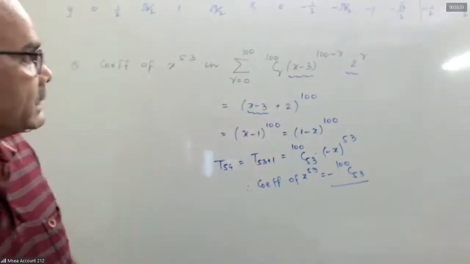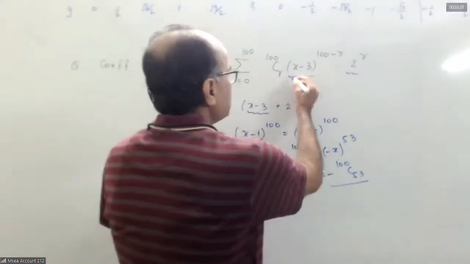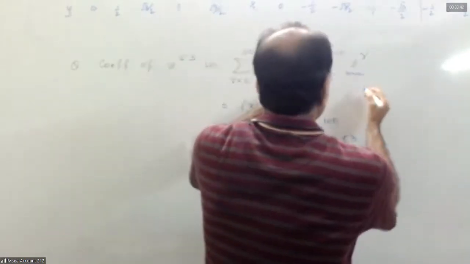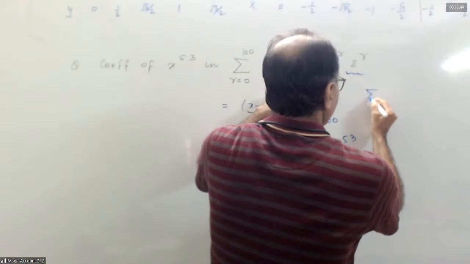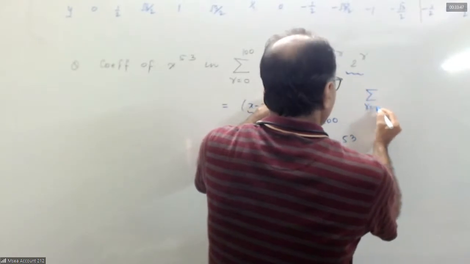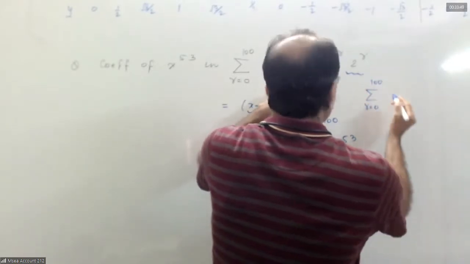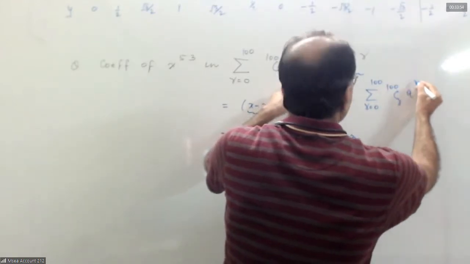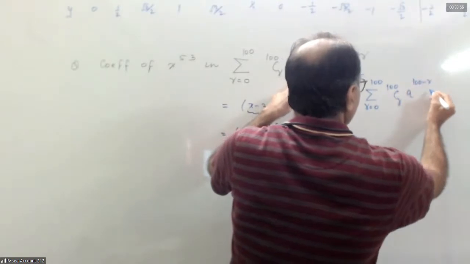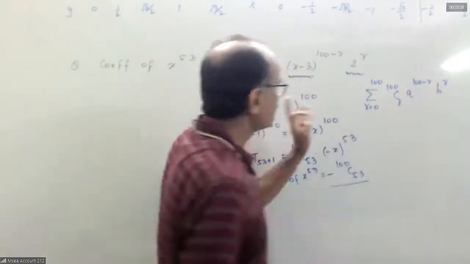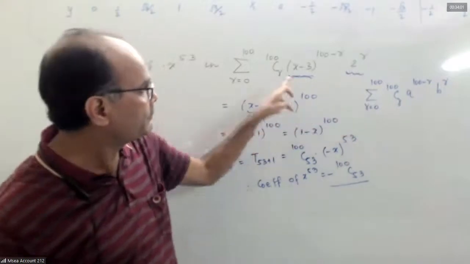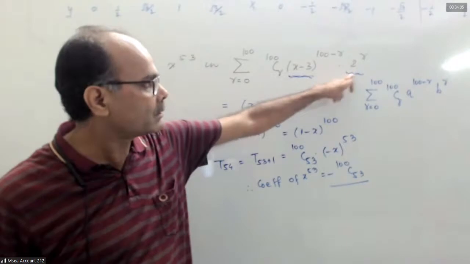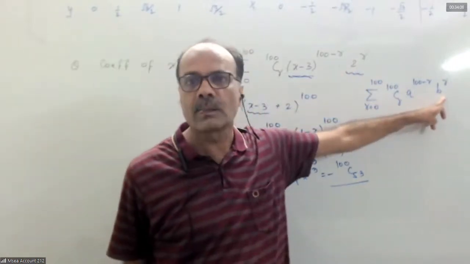See, suppose you assume this is A, this is B. So what is this? Summation of r going from 0 to 100, 100Cr A to the power 100 minus r into B to the power r. If you assume this number is A, this number is B. Is it visible or not?